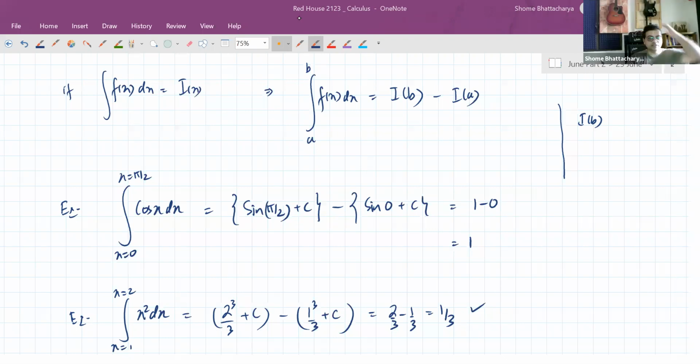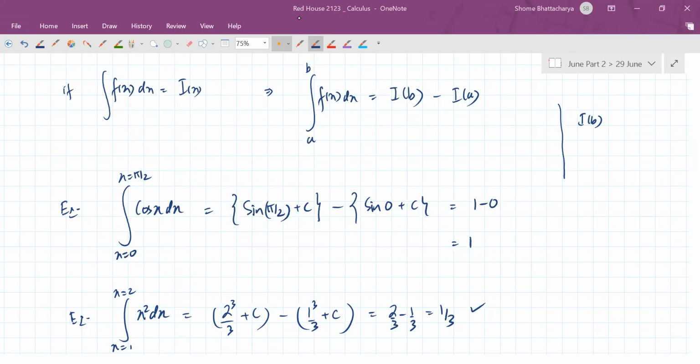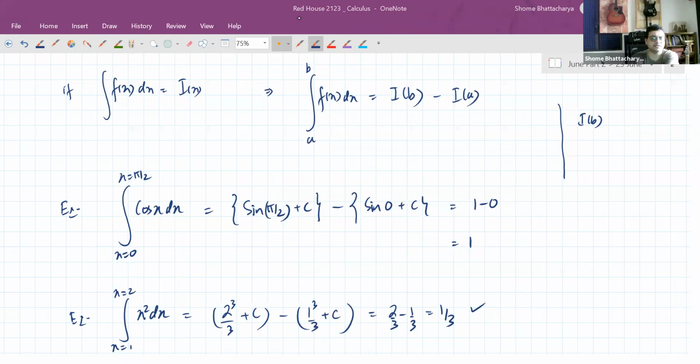The unit of the area will be whatever the unit is on the x-axis multiplied by whatever the unit is on the y-axis. At the moment we are treating them like just numbers, so it's unitless. But for example, if your x is in time and y is in, let's say, meters per second, then your area will come in meters, because it's seconds into meters per second. Understood?